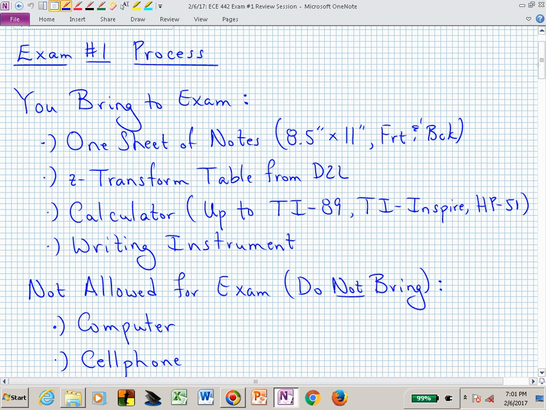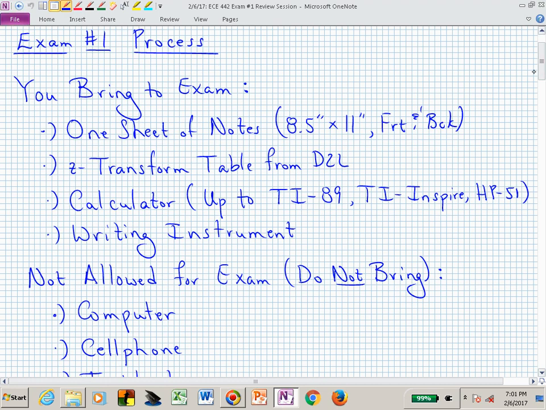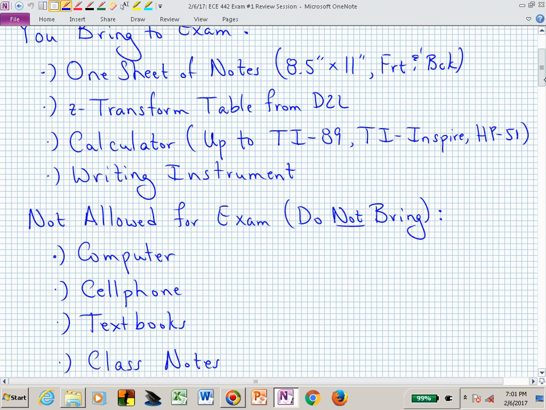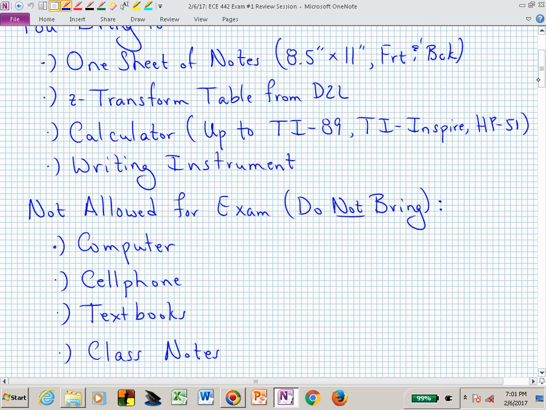But I've already covered this exam number 1 process in tonight's lecture. I will just let you quickly glance through that and slide through that. I won't necessarily reread that, but you need to bring a sheet of notes and a Z-transform table. I'm not going to be providing you with a Z-transform table.